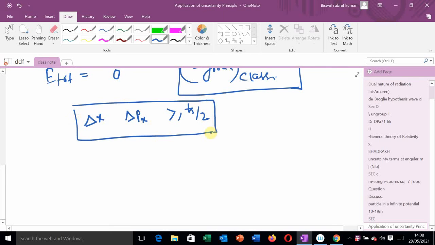If you measure the x position and the corresponding momentum, there will be uncertainty, and the product of these uncertainties is always greater than or equal to h cross by 2. This relation has a lower limit, and if you take the lower limit, it can be taken as equal to.